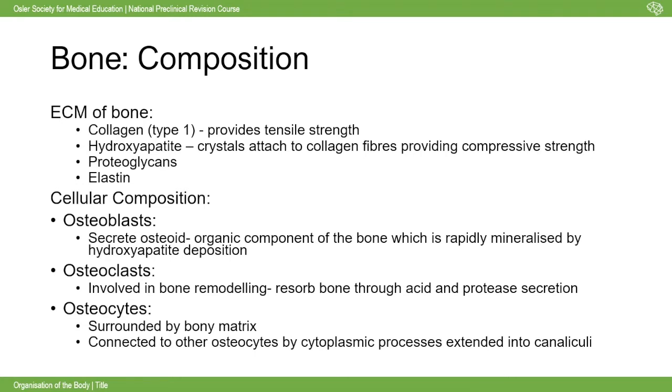Osteocytes are surrounded by bony matrix and connected to other osteocytes by cytoplasmic processes which extend into canaliculi. Canaliculi enable the cytoplasmic processes between different cells, which are separated by fully ossified calcified matrix, to connect together, and they're able to have gap junctions between the cells.